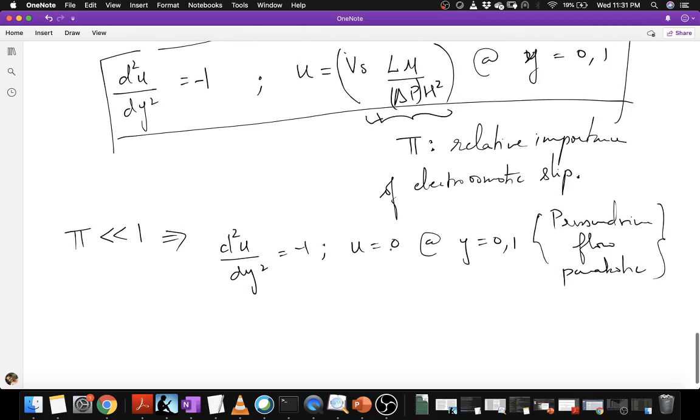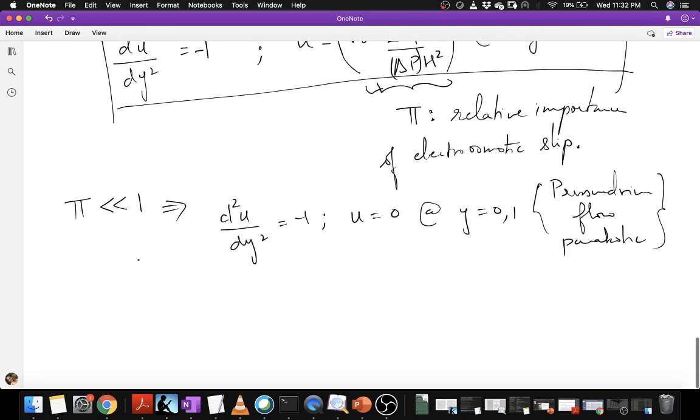So now you could have said, yes, I could have come right in the beginning and said, I'm just going to drop Vs and got the same problem. However, then I would not have been able to give you a condition for how small is small for Vs, for the slip velocity. But now you see, after scaling, I can. So pi must be less than 1.